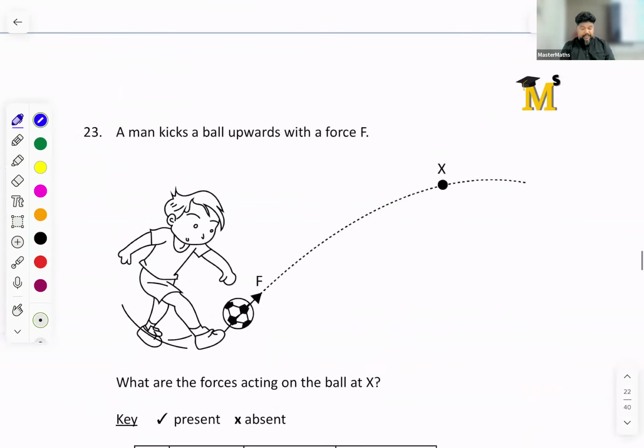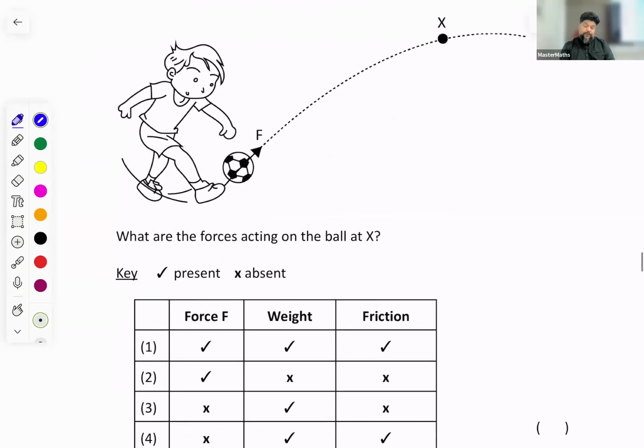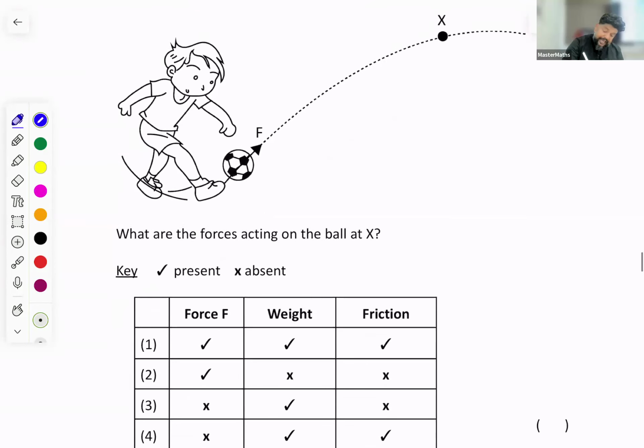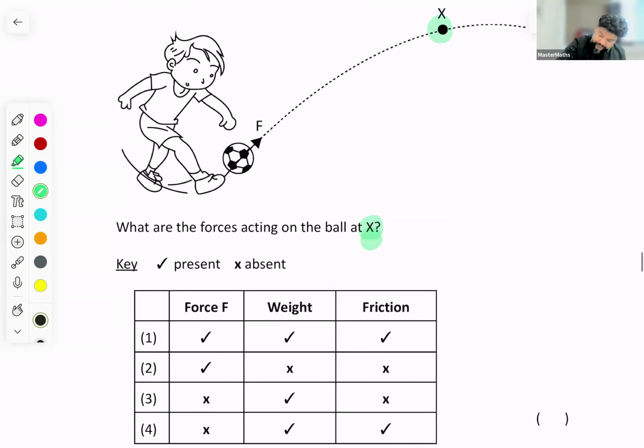Okay, question number 23. A man kicks a ball with an upward force F. Which are the forces acting on the ball at point X? Okay, so at point X, let's look at X. Is it on Earth? Is it matter? Yes, it is matter, right? So therefore, what is acting on it?